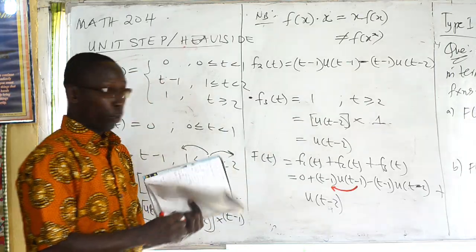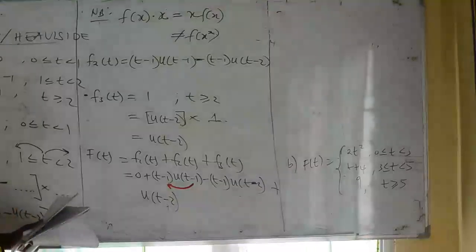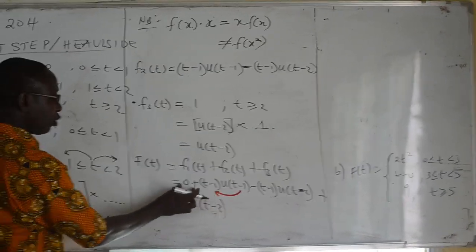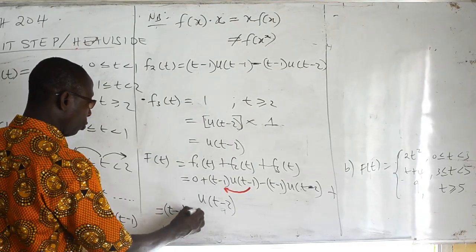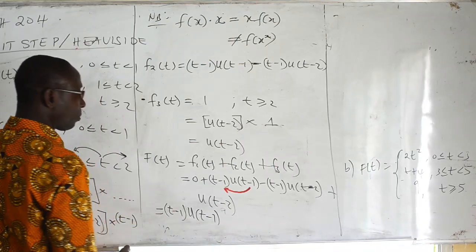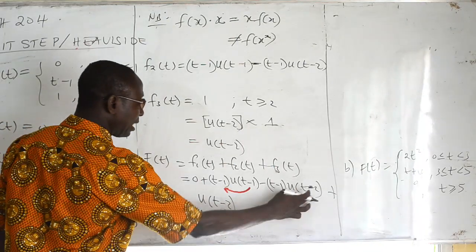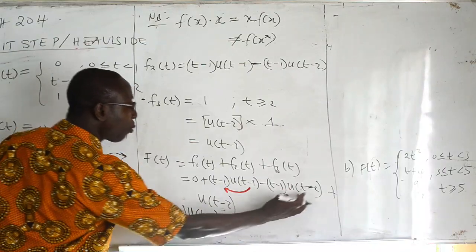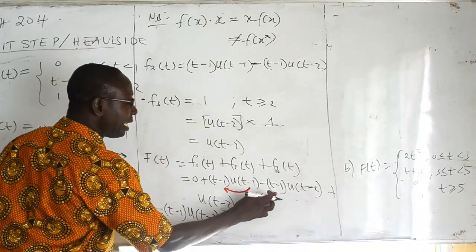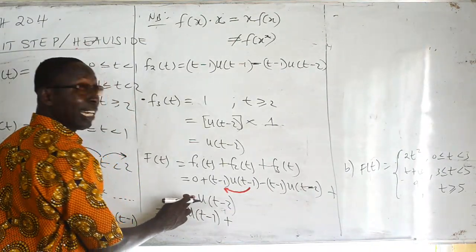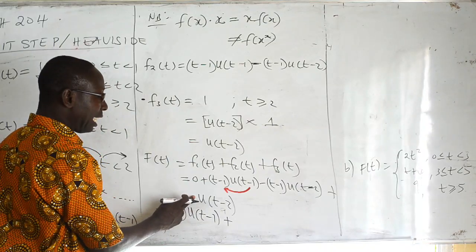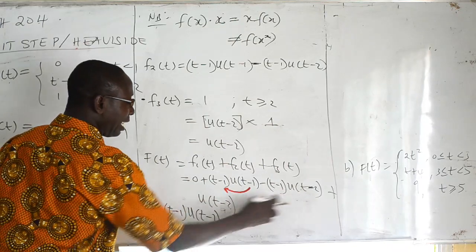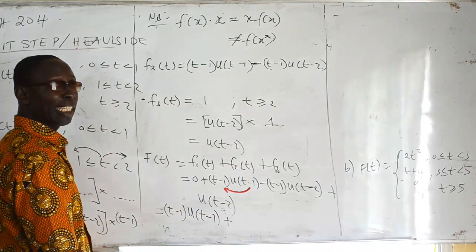So we will continue. So we have this one is u(t minus 1). Now, this and this, it's non-standard because whatever that is here is not the same thing that is at the back. So what we are going to do is compress this. And look at how it's being compressed. They are like terms. u(t minus 2) is a like term, it's common.